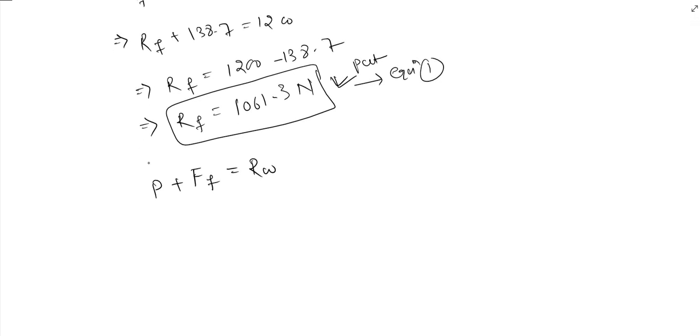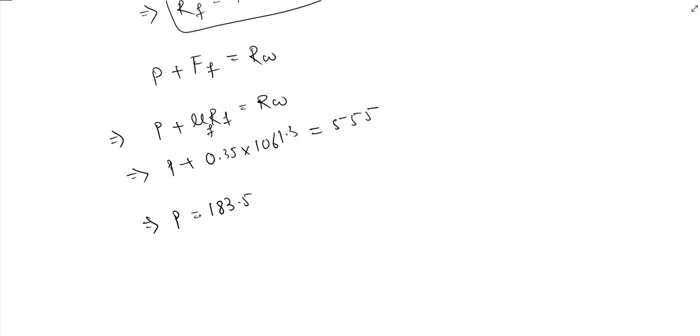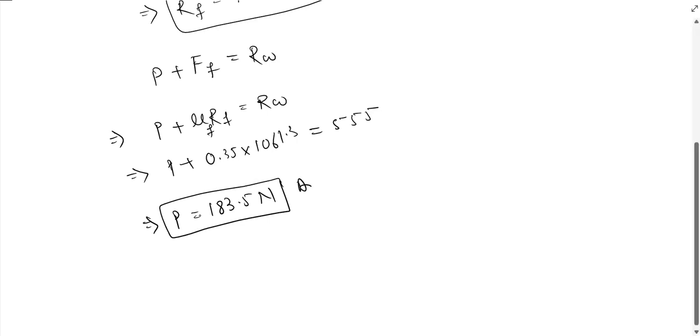And how will we put this in equation 1? Because P plus mu Rf equal to Rw, and what is the value of mu? Mu of the floor is 0.35, into Rf is 1061.3 Newton, equal to Rw is 555 Newton. So finally, by calculating this we will get P, and the load applied at the bottom of the ladder so as to prevent the slip is equal to 183.5 Newton, and this is our answer.